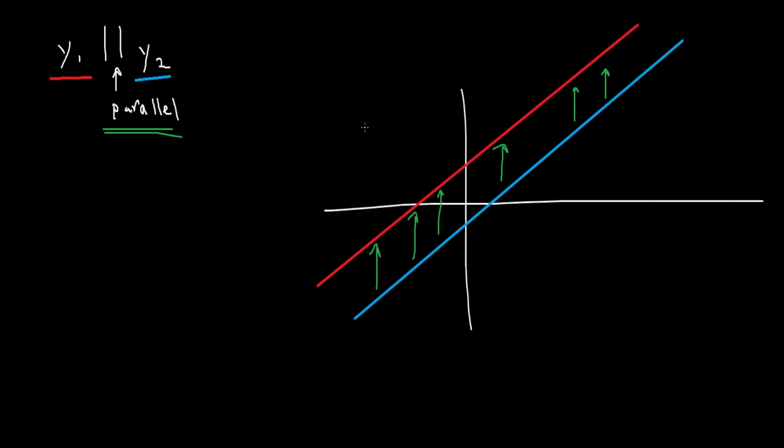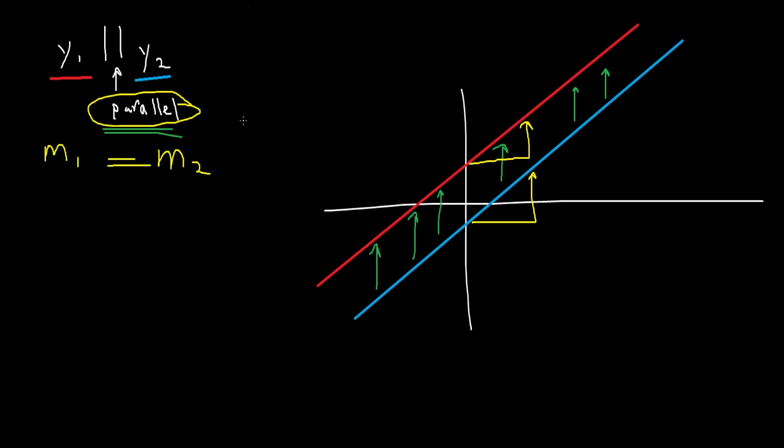Now, as a byproduct of them being parallel, that means that their slopes have to work in the exact same way. Because if they didn't work in the exact same way, then these two lines would be touching. So if y1 is a function and it has its own slope, so that slope would be m1. y2 is another function whose slope is going to be the same as the slope of the original.